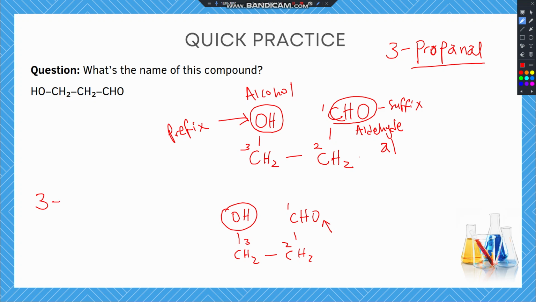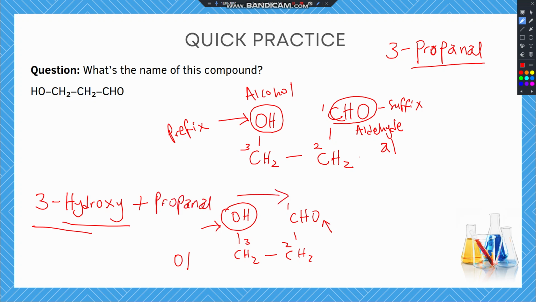So we have 3-hydroxy as the prefix, because we're treating this guy as a prefix. And when alcohols are the prefix, we use the name hydroxy. If it was the suffix, we would have used the name ol, but now it's the prefix.